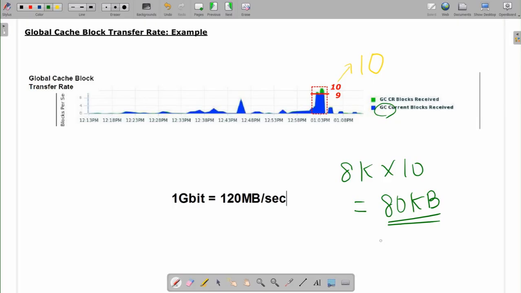And also 8K data is transferred for consistent read block delivery. So according to this, your interconnect network is more than enough. So it's not a big problem in this case. So you can interpret it this way. As you can see, the unit here is blocks per second.